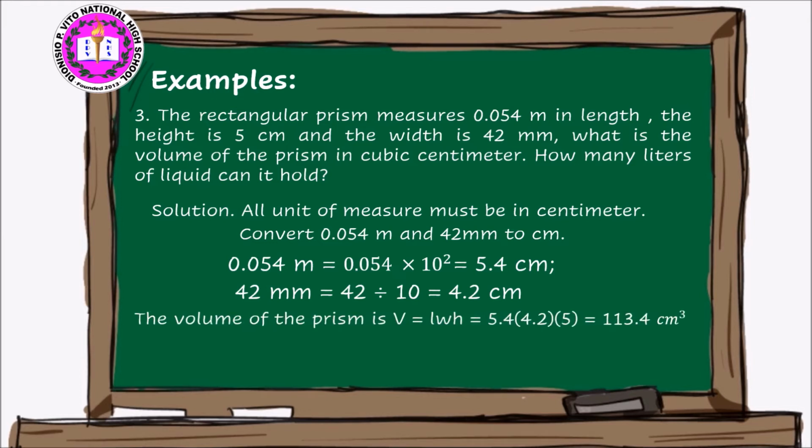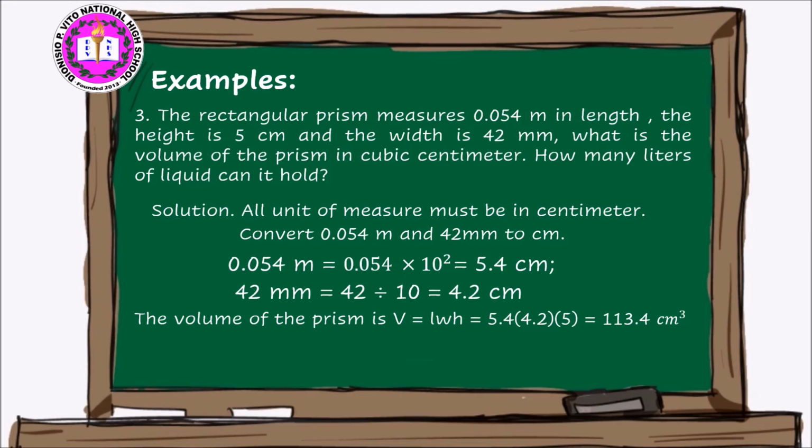So the volume of the prism is length times width times height. Our length is 5.4, our width is 4.2, and our height is 5 centimeter. Therefore, we have 5.4 times 4.2 times 5.